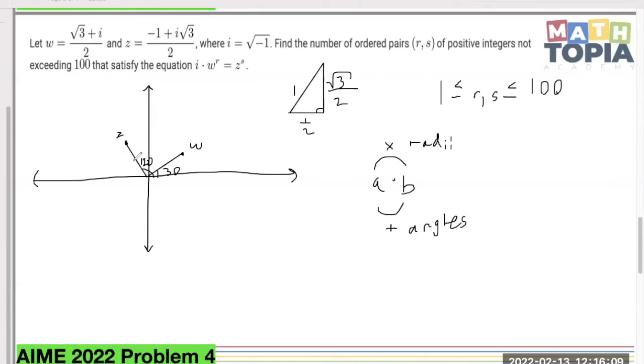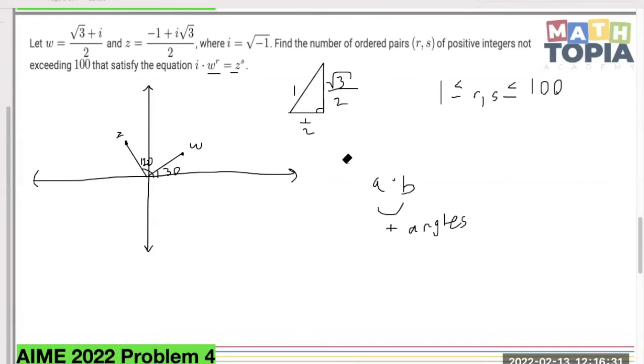So in the case of numbers like W and Z and i, all three of those numbers have in common that their distance from the origin, their radius, is 1. So we don't have to worry about this, because 1 times 1 is 1. It's just going to stay as 1, so we can just ignore this.